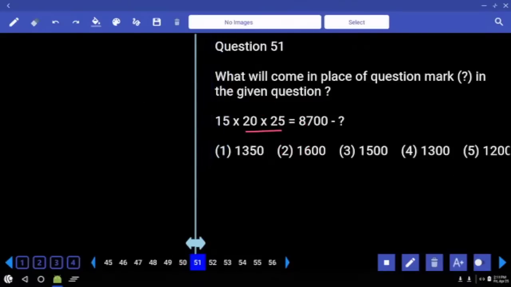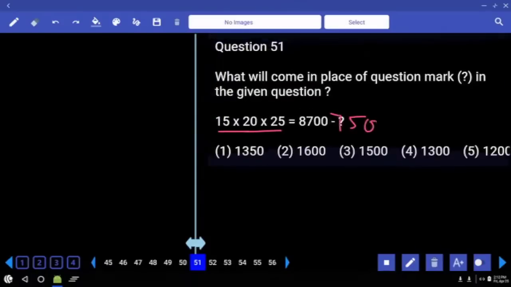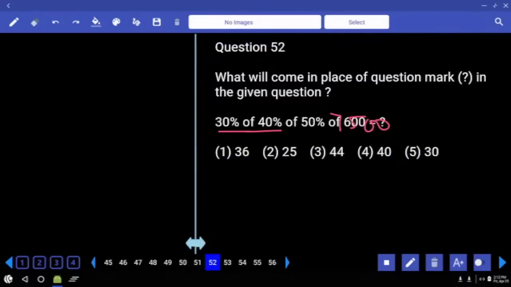Twenty times of 25, 500 into 15, 7,500 goes to other side, minus 7,500, answer fifth option. 30% of 40%, 12%, 12% of 50%, 6%, 6% of 600, 36.